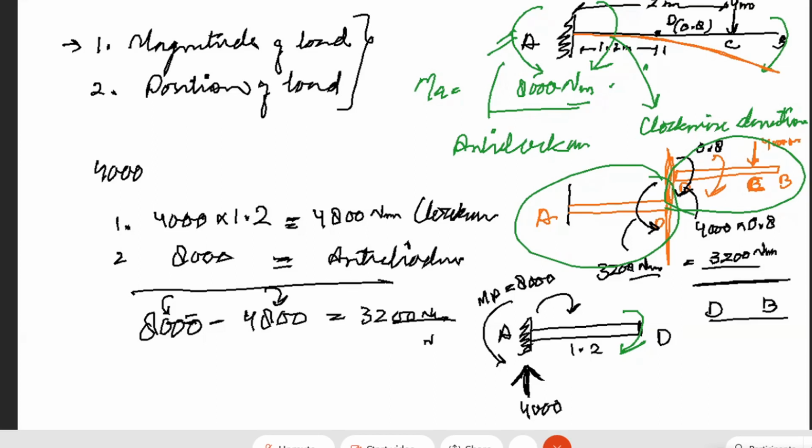When you calculated the left part, AD, you had two different things: one was the resisting moment and the other was the reaction, and that came out to be 3200 again.